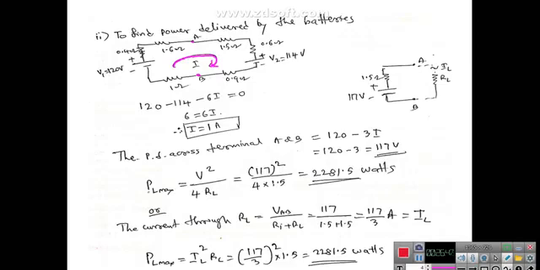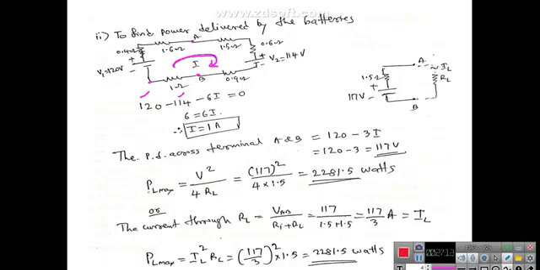If you write the loop equation, there are two sources in this loop. While traveling this loop you are going from negative to positive, so therefore plus 120. Similarly for the other source, you are going from positive to negative, so the source is with a negative sign, 114.